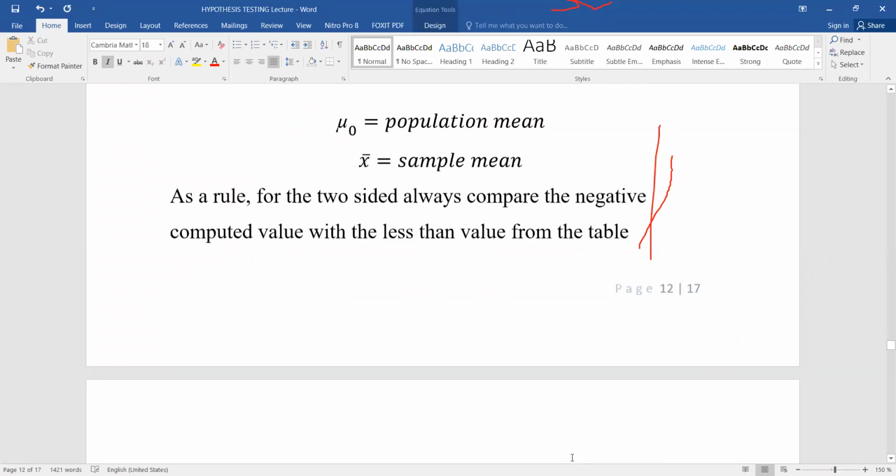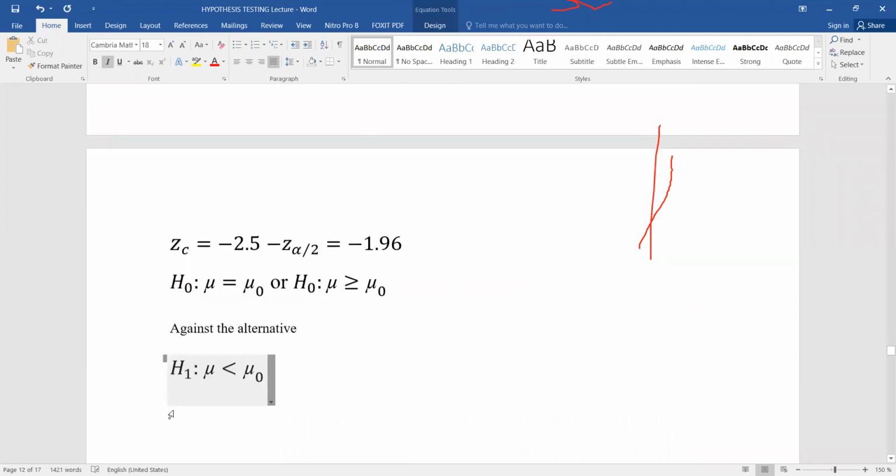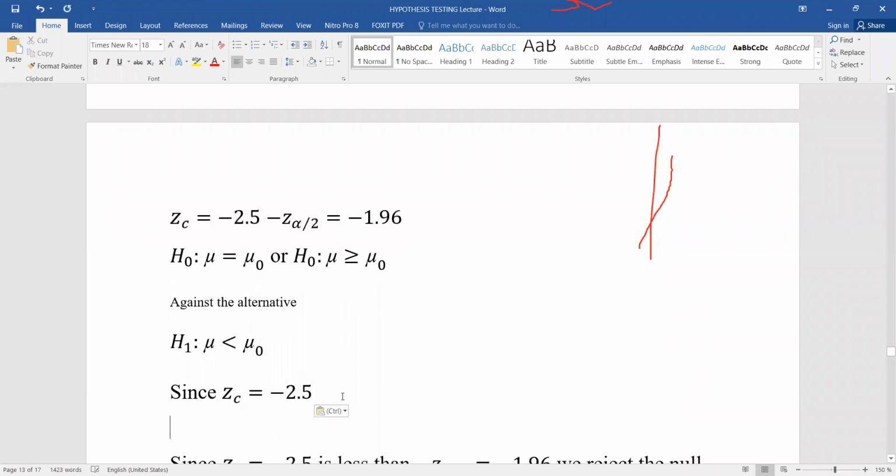And we shall say that since Z computed, which is negative 2.5, is it greater or less? Robert is saying less.